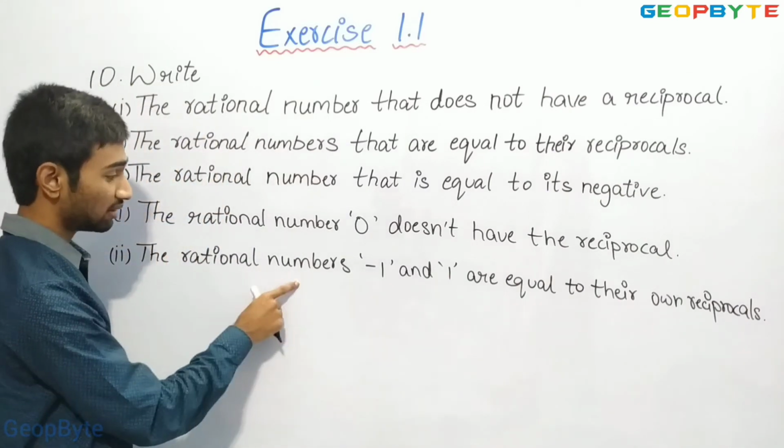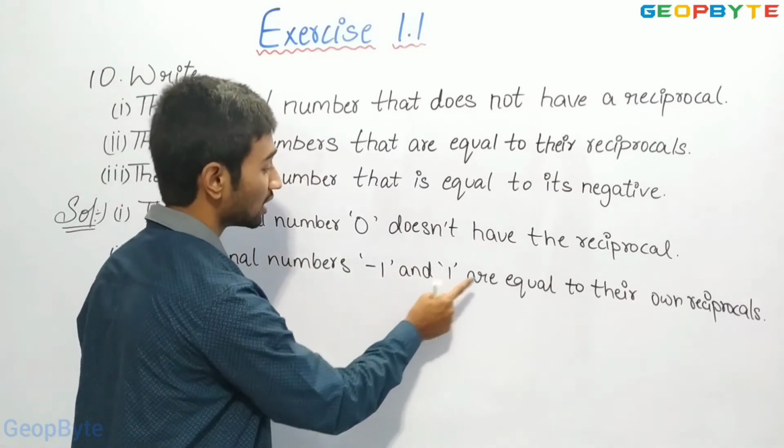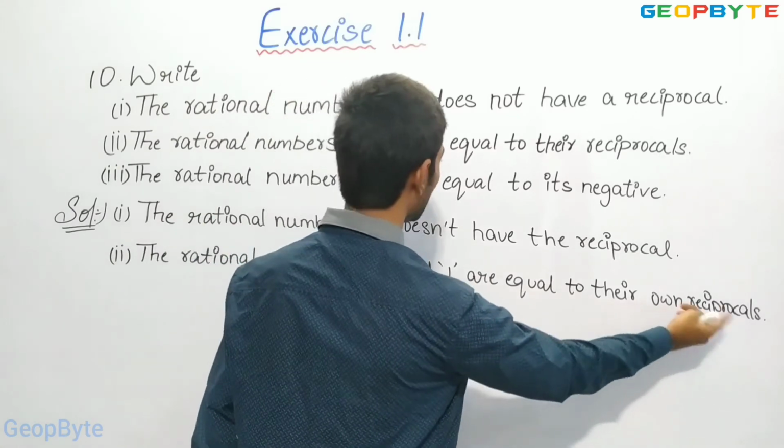So, the rational numbers minus 1 and 1 are equal to their own reciprocals.